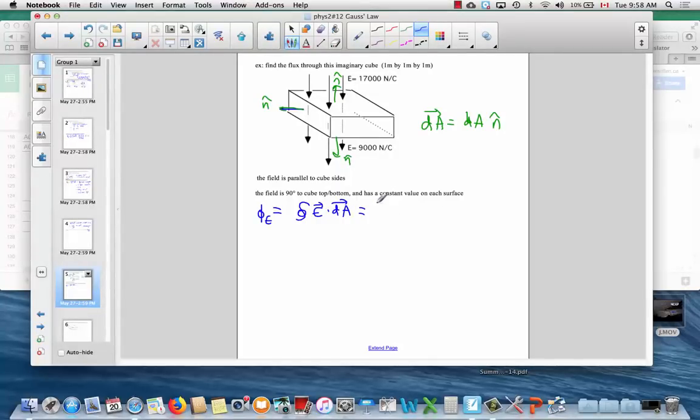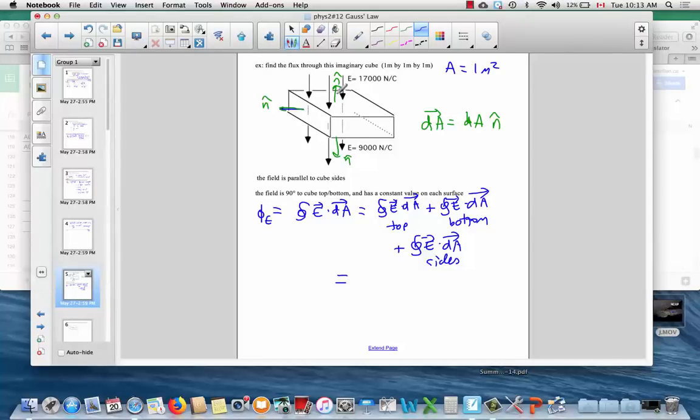So first of all, we'll break this up into 3 terms. First of all, the top, then the bottom, and finally, I ran out of room there, hopefully you still got room, over the sides.